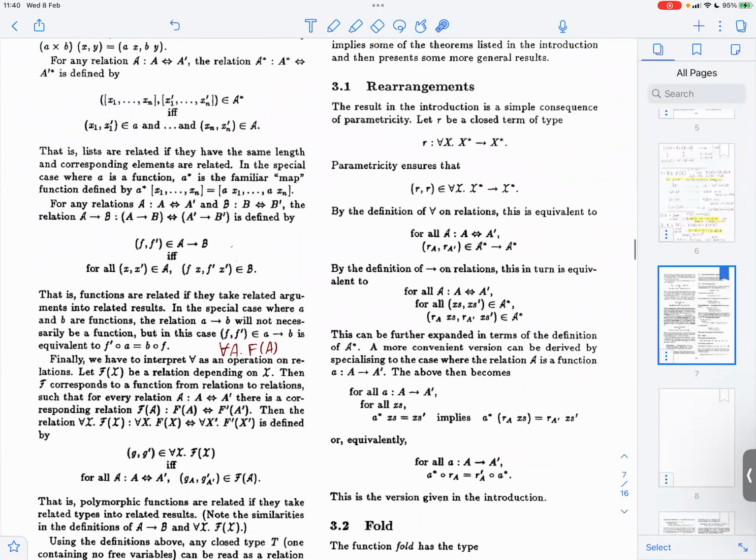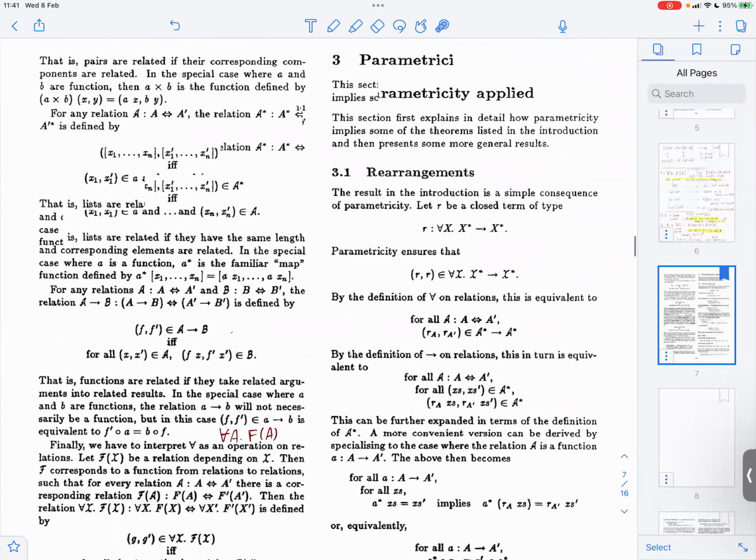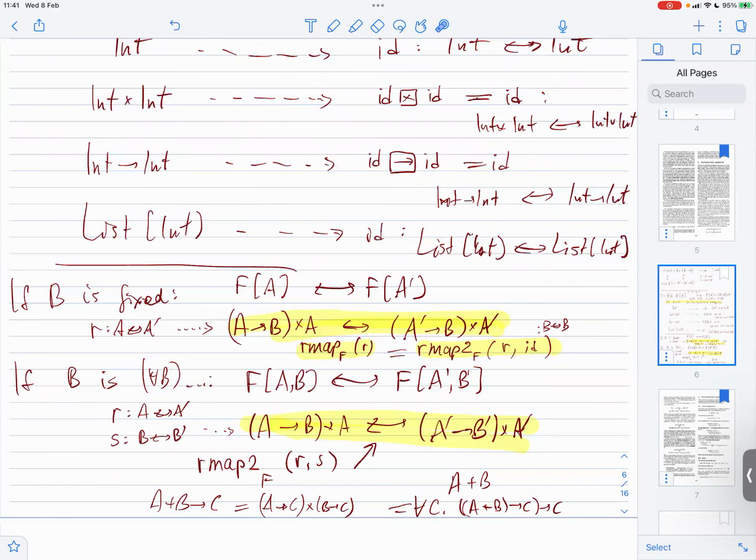And then finally, the proof is just going through each of the inductive cases, but then you have to prove several technical results about this lifting of relations to type constructors.